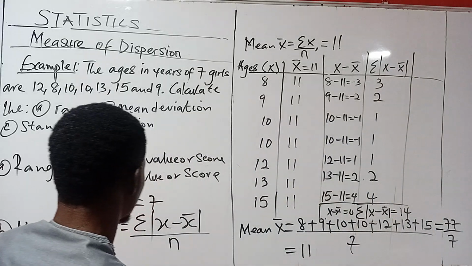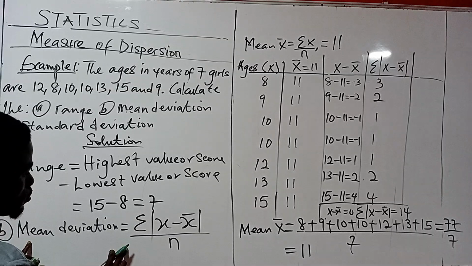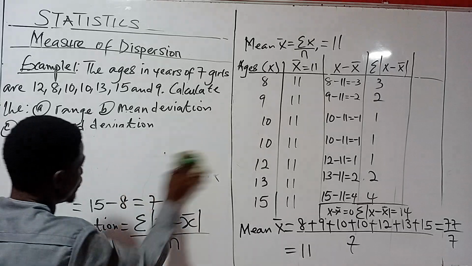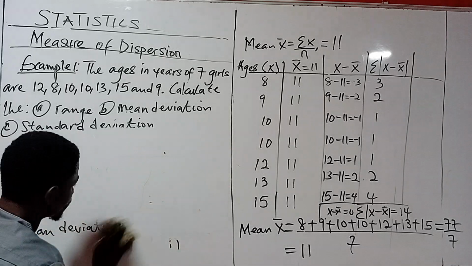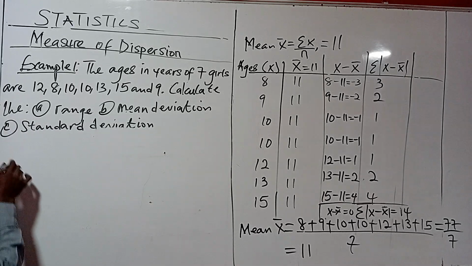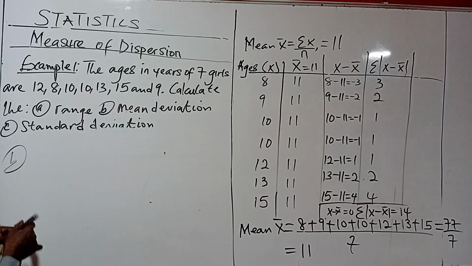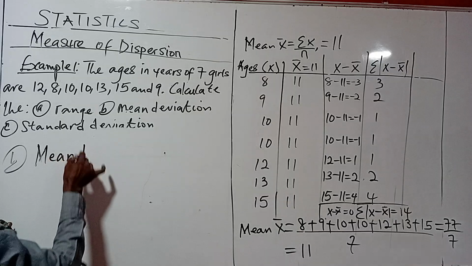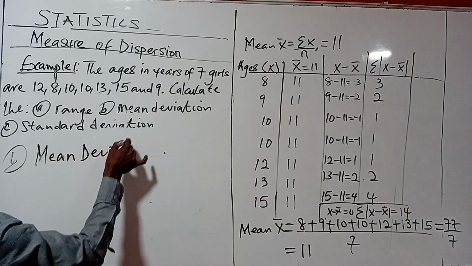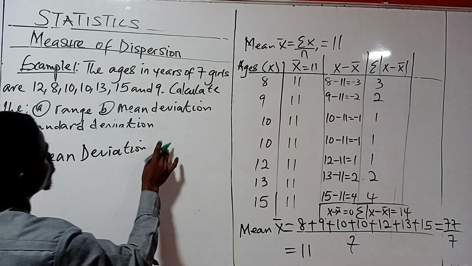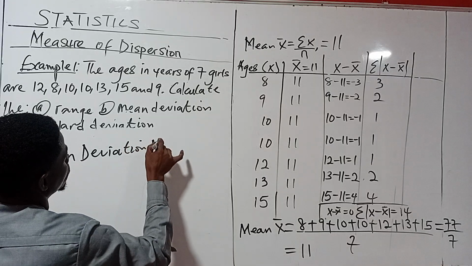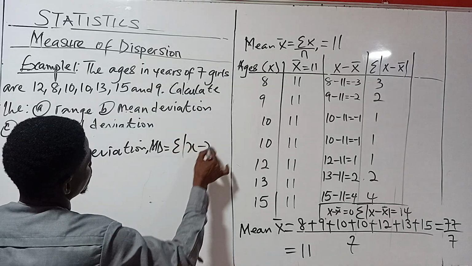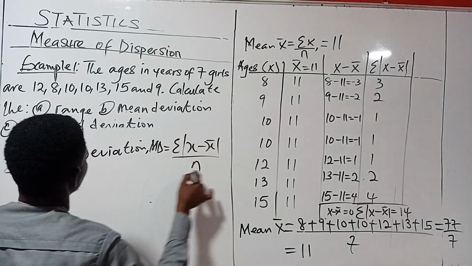Now let's go back to the mean deviation formula. For us to obtain the mean deviation, you have mean deviation as the summation of the absolute value of x minus x bar divided over n.